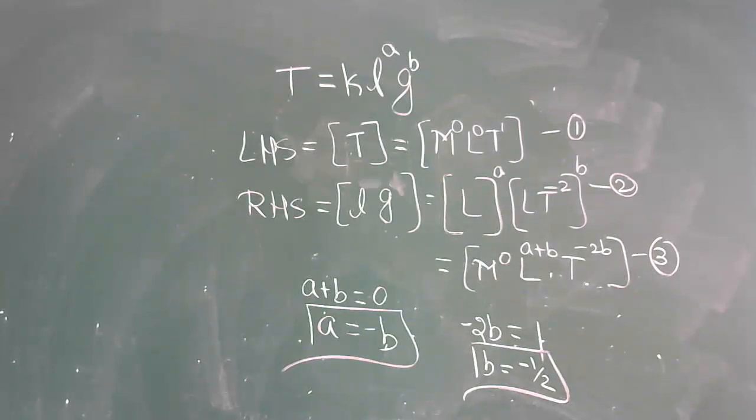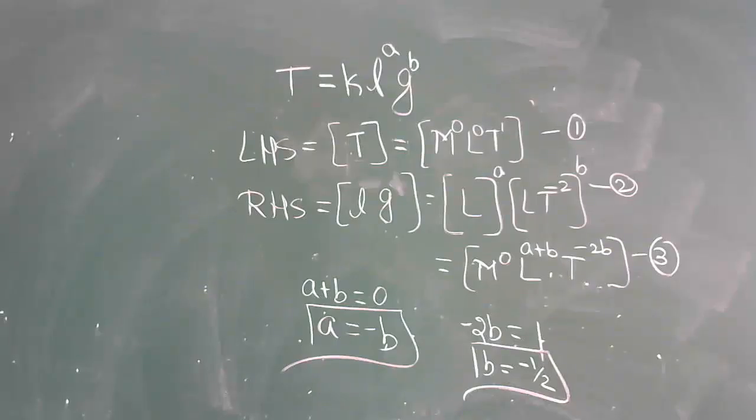T is equal to K L to the power minus 1 by 2, g to the power minus 1 by 2.